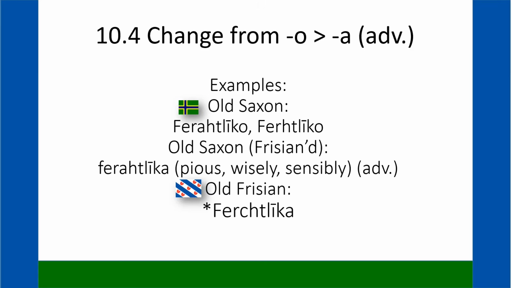Finally, we see this even in adverbs. So we have here in Old Saxon, verachtliko, or versliko, and then we have the Frisianized Old Saxon, verachtlika, and finally in Old Frisian, reconstructed verchtlika.